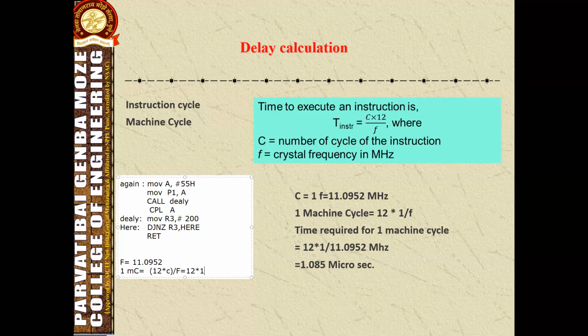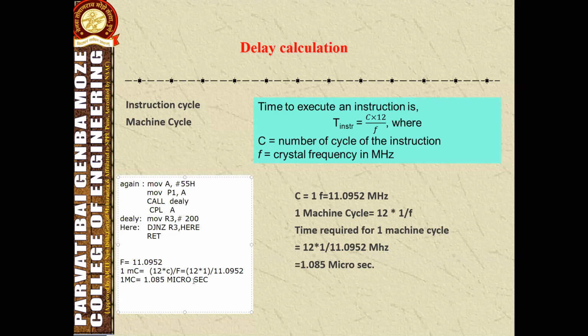We are calculating first for one machine cycle, divided by the frequency they have given, 11.0592 megahertz. So one machine cycle takes 1.085 microseconds. This time is required for executing one machine cycle.